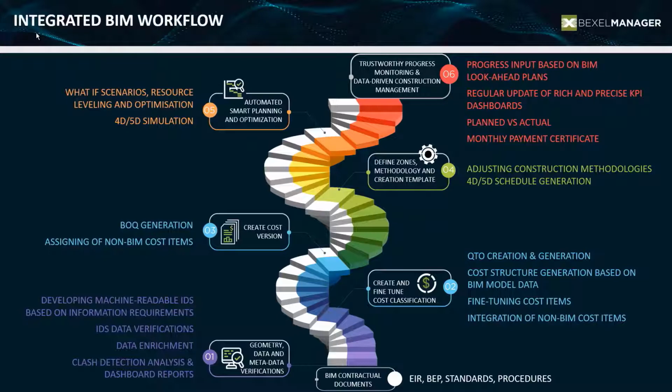Then we're going to go to the process of intelligent scheduling, where we're going to use zones and methodologies to automatically create 4D, 5D schedules. After that, we'll go through the process of schedule optimization, and at the end, we will wrap up everything with the progress tracking procedure using this automatically created 4D, 5D schedule.